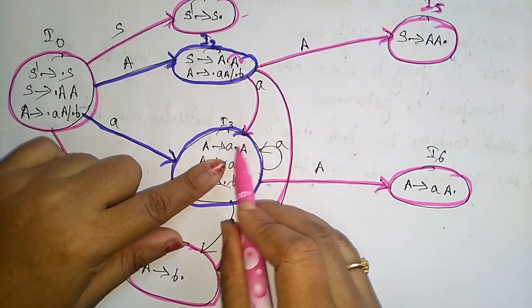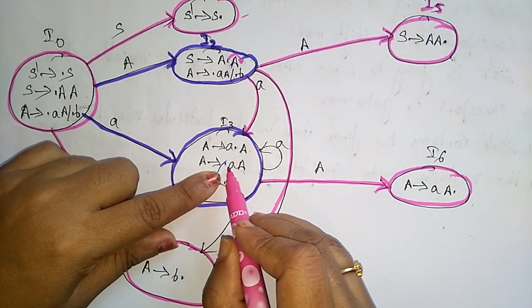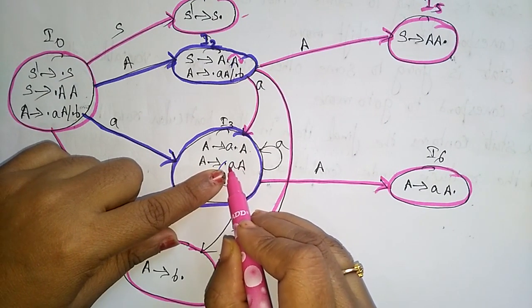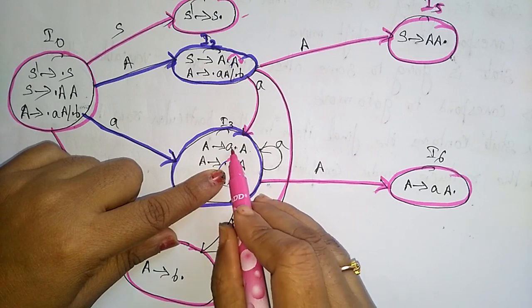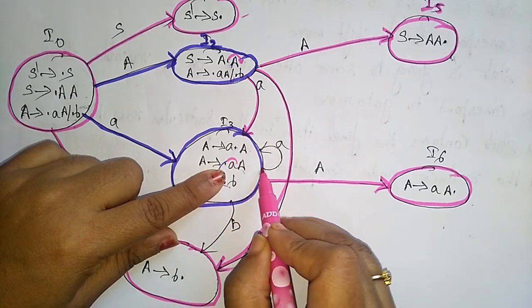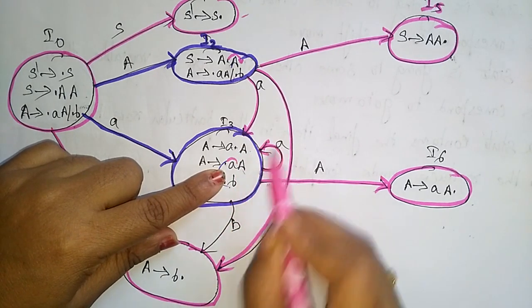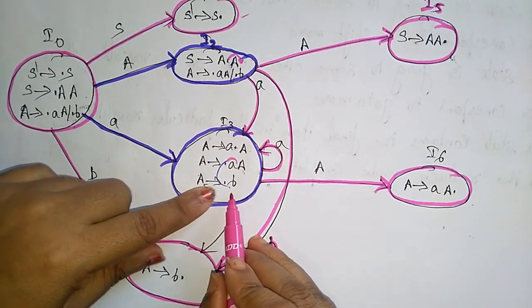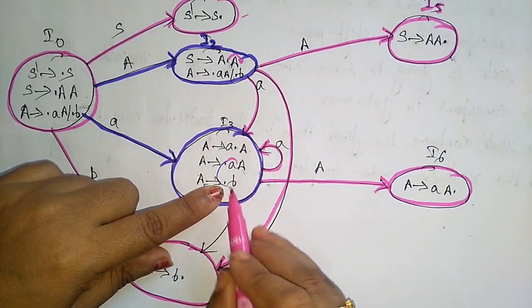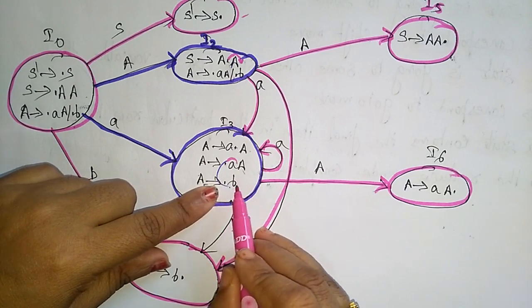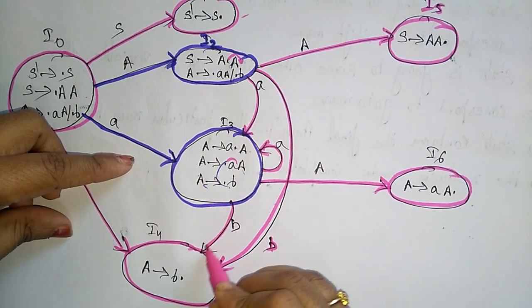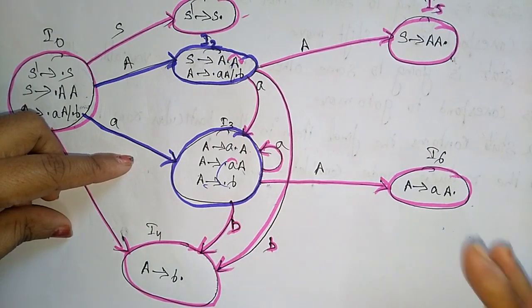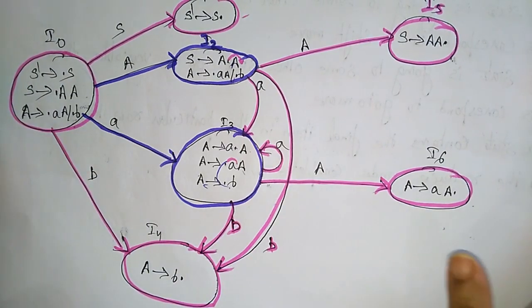Now coming to the next one, A determines dot AA. On A, when I move the dot, it becomes A dot A. A dot A is already in this state only, so just shift on A into this state only. Next is A determines dot B. On B, if the input is B, it becomes A determines B dot. So just move into B dot. Okay, so now I have completed all the states.